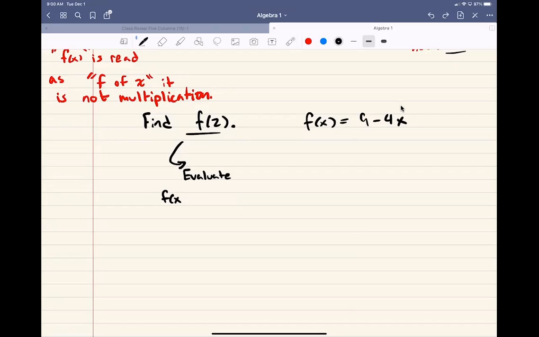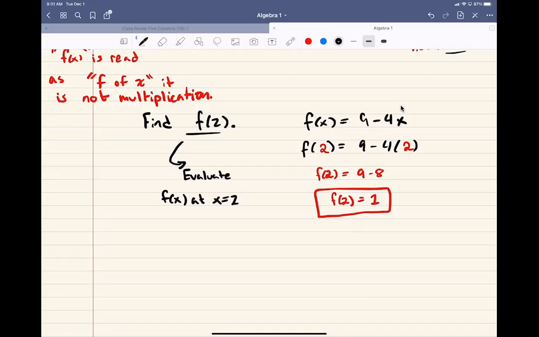So wherever x is, you're going to plug in a 2. So put a parentheses wherever x is. Now you're going to fill everything in with a 2, and so f of 2 is now going to be 9 minus 8. And so f of 2 is going to give us the answer as 1.